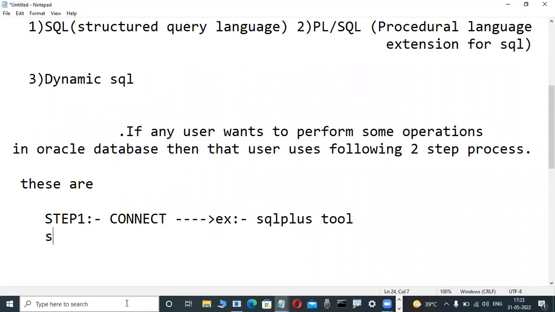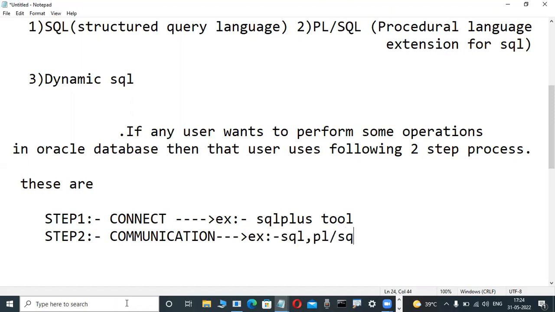Again, step two: communication. Today at least we are starting step one. Communication means, for example, SQL, PL/SQL, dynamic SQL; some languages are there.